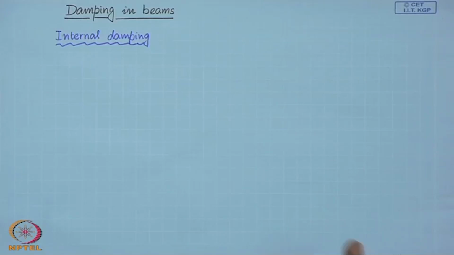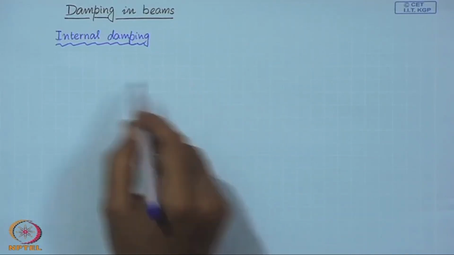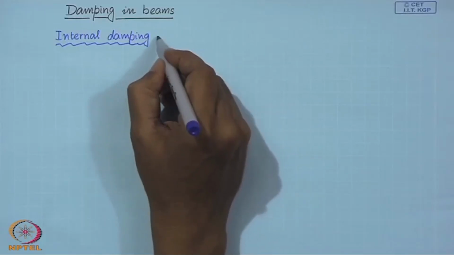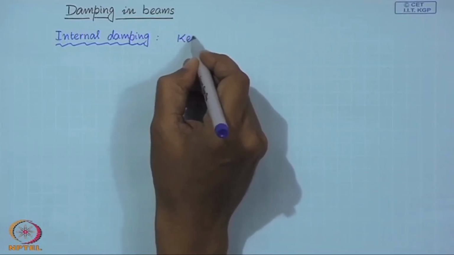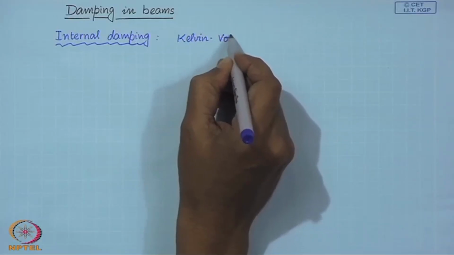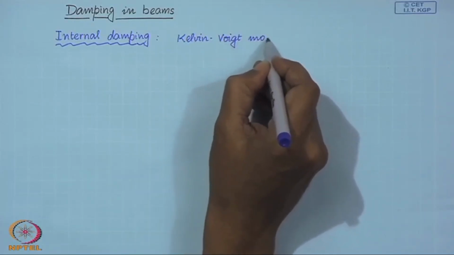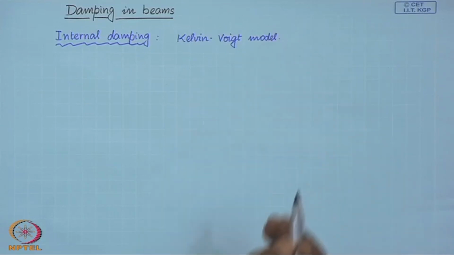So, to model internal damping, we use the Kelvin-Voigt model.